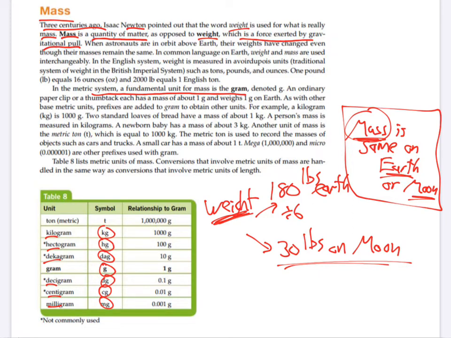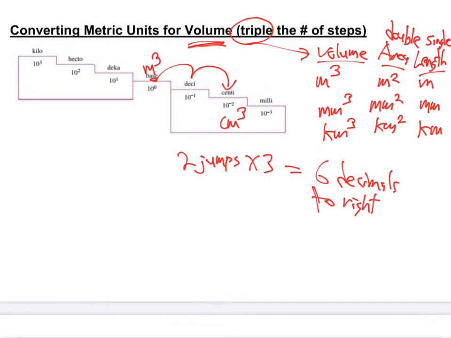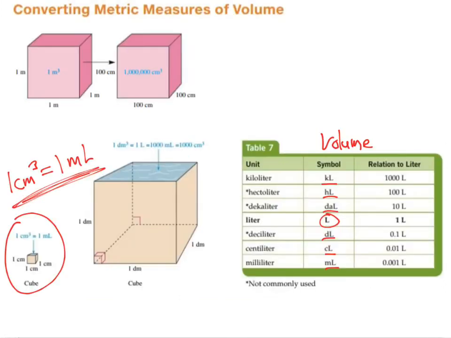That's what makes the metric system so nice to use. So the basic unit of mass in the metric system is grams. And then for volume, we use liters. That's for volume.